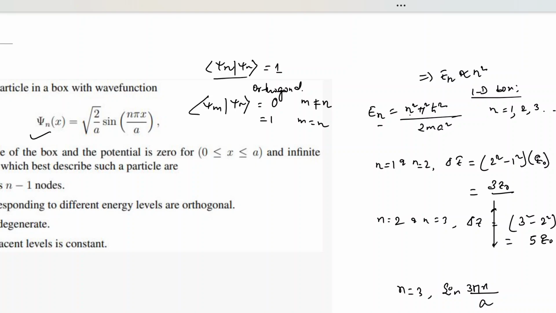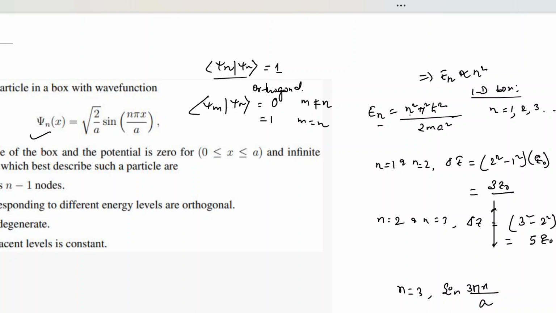You can get those points where this value will be 0, because when 3 pi x by a equals n pi, then the sine value will be 0. So pi and pi cancel out, and x equals n a by 3. n can be 0, then it is one edge of the box, which is x equal to 0. n can be 1, then x equal to a by 3, where it also will be 0.